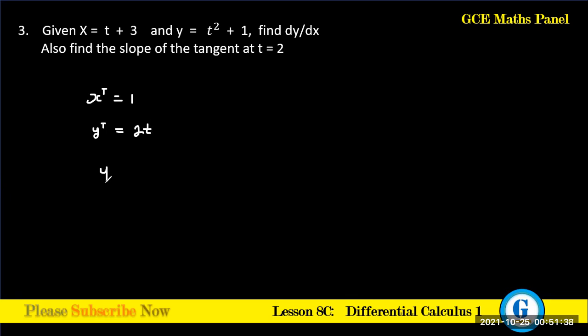And from here, y prime itself, that is dy/dx, will be equal to dy/dt over dx/dt, which is equal to 2t. And what will be the slope of this curve at t equal to 2? So you are looking for y prime of 2. This will be equal to 2 times 2, which is equal to 4.